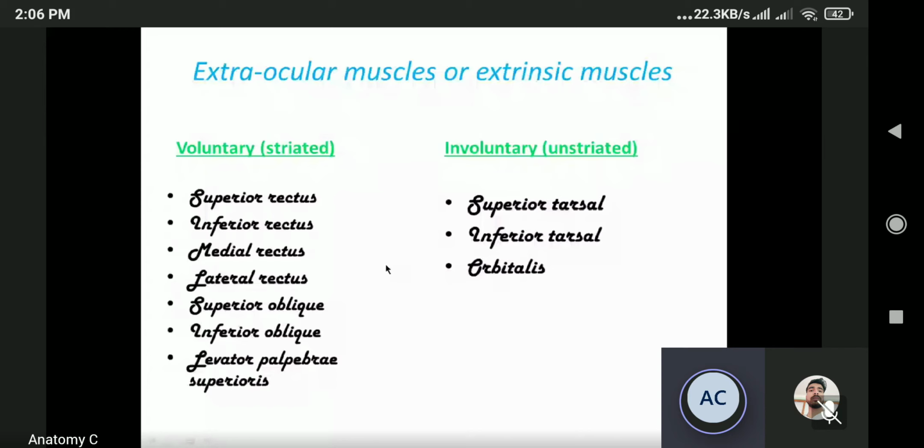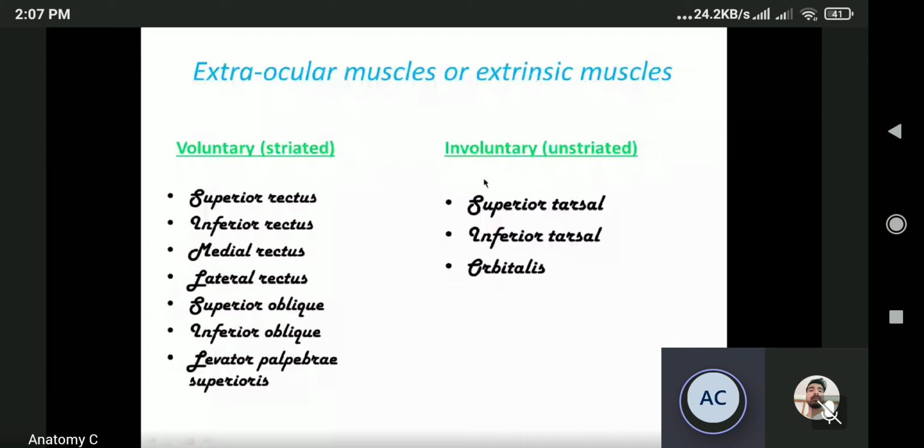Talking about the extrinsic muscles, they are again divided into voluntary or striated and involuntary or unstriated. So what are the voluntary muscles? Superior rectus, inferior rectus, medial rectus, lateral rectus, the 4 recti, 2 obliques, that is superior oblique and inferior oblique, and levator palpebrae superioris. Please remember this name, levator palpebrae superioris.